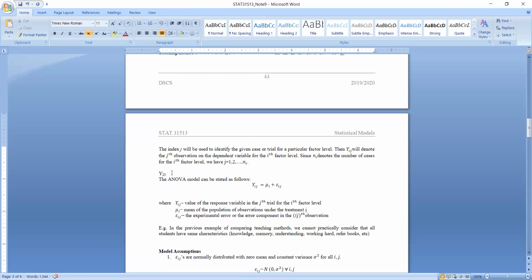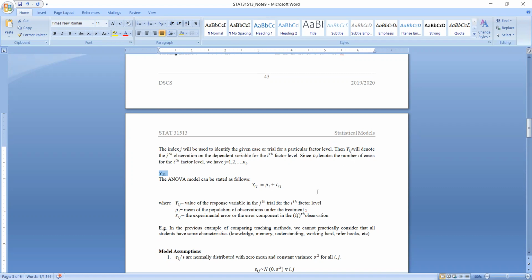So the jth observation under the ith treatment is denoted by Yij. First you denote the observation by its treatment number, then you talk about the observation. So this is the third student who has been assigned the second teaching method. We use this index j to identify the position of the observation. So Yij is the jth observation for the ith factor level.